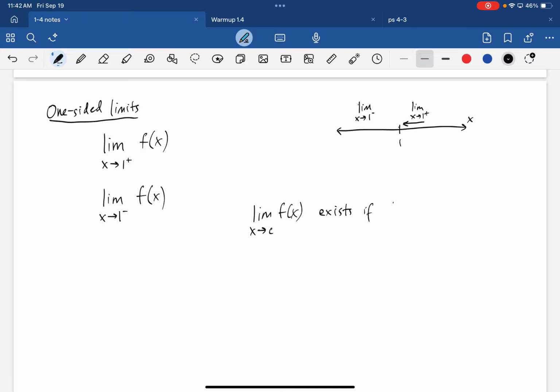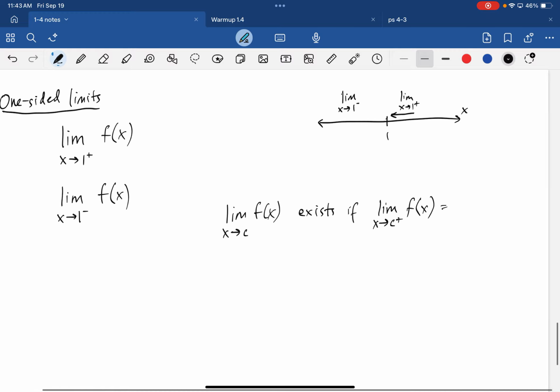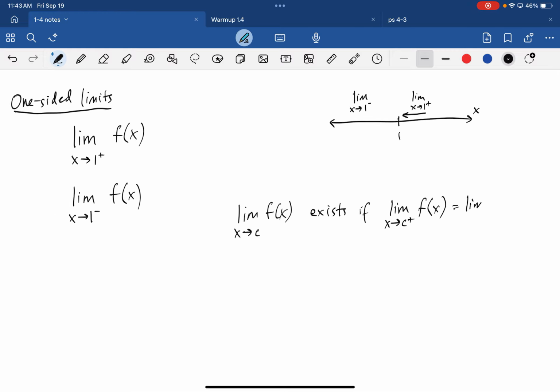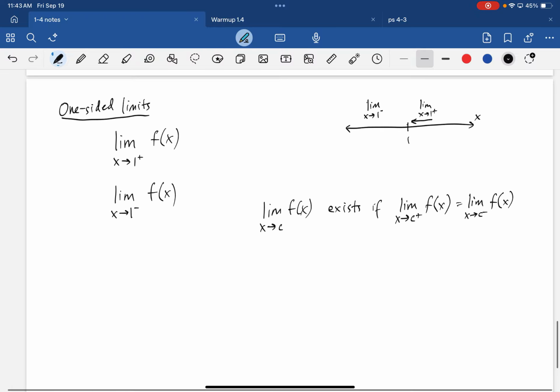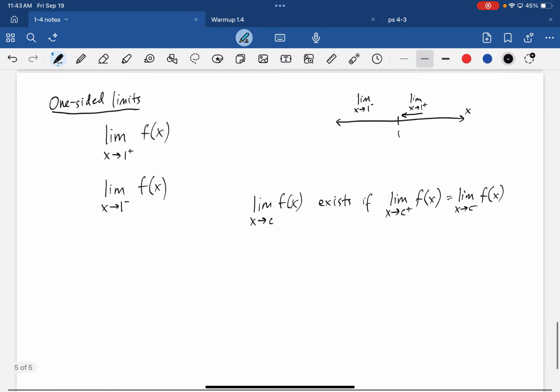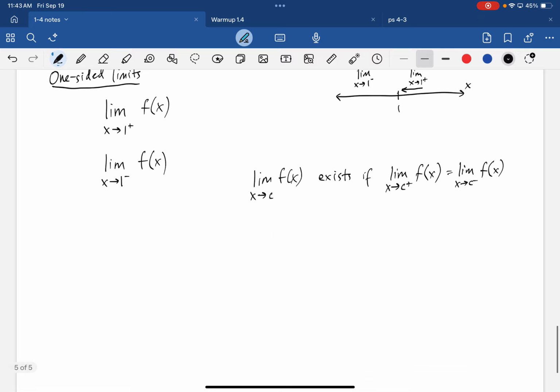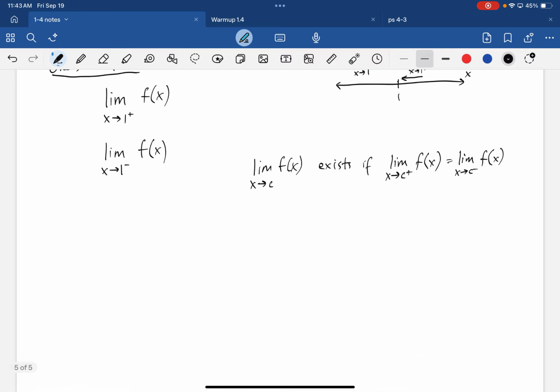It exists if the limit as x approaches c from the right side, from the positive side, is equal to the limit as x approaches c from the negative side. Okay, so I'll give you guys a quick example. Let's say we had a function looking like this.